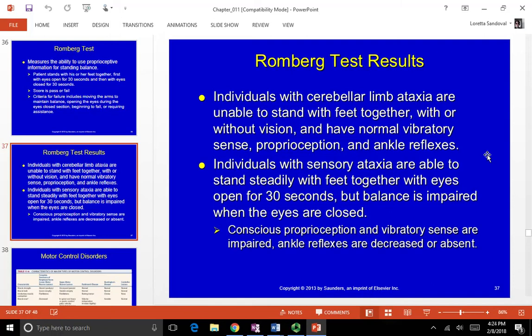The conscious proprioception and vibratory sense are impaired, and ankle reflexes are decreased or absent. It's sort of like which end has the lesion. If it's the cerebellar end that has the lesion, they can't stand with their feet together, with or without vision, and they have normal sensation. If it's the sensation end that's affected, they have abnormal sensation, and their balance is impaired with their eyes closed. So, kind of interesting.